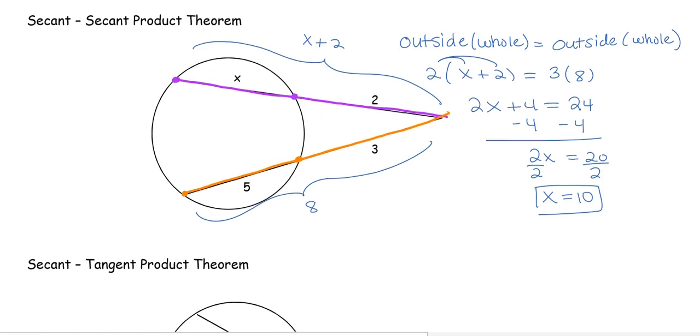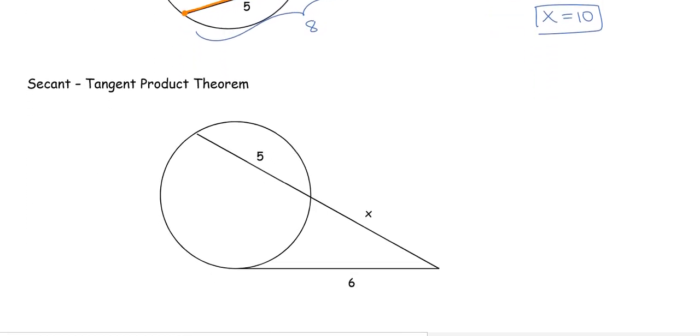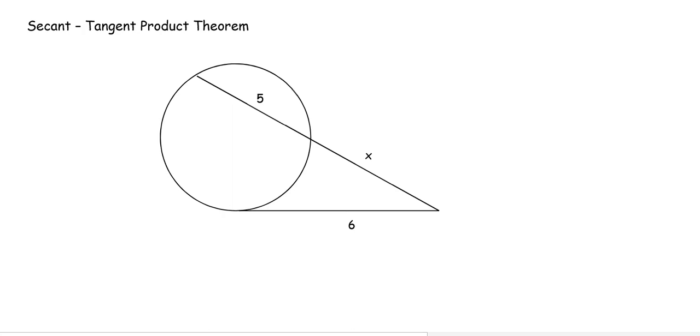All right, our last segment theorem is going to be the secant-tangent theorem. And if we look at our two different kinds of lines we have here, we have our secant, and the secant is the piece where you have the intersection twice, and then the tangent is where your line is only touching the circle in one spot.